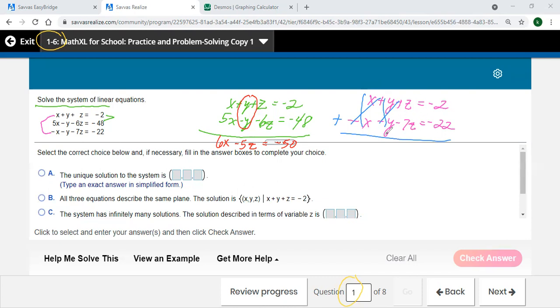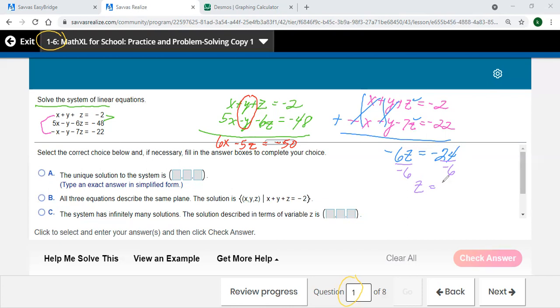When I add these z's, I just have a -6z, +1z on top, and a -7z on the bottom. Added together make a -6z. And -2 and -22, -24.